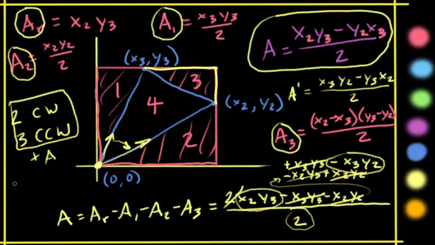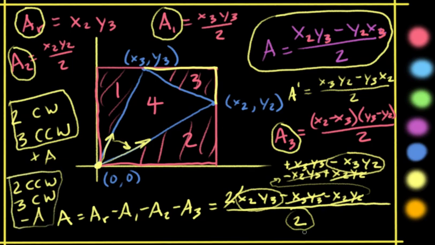And if you do the other way around, where the second one is further counterclockwise and the third one is further clockwise, by swapping the 2 points, then you're going to get a negative area. So that's an important thing that we're going to need to know when we start putting these triangles together. Okay, I'm going to make some room. Why don't I just erase all of this and we'll start over.